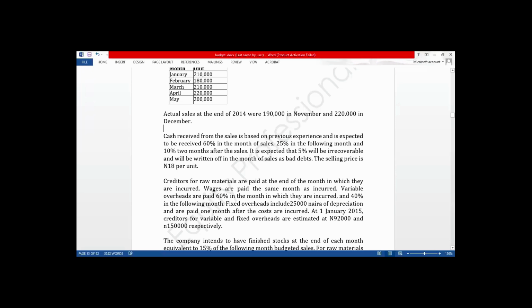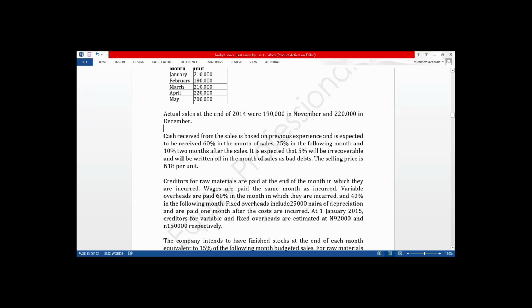It is expected that 5% will be irrecoverable and will be written off in the month of sales as bad debt.